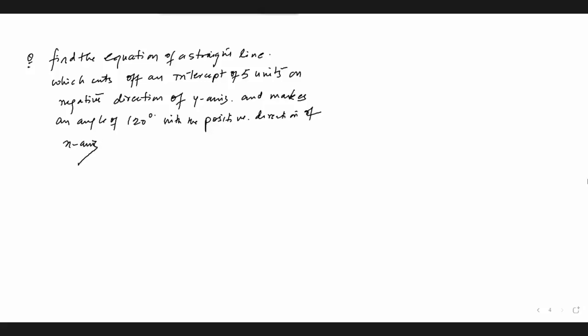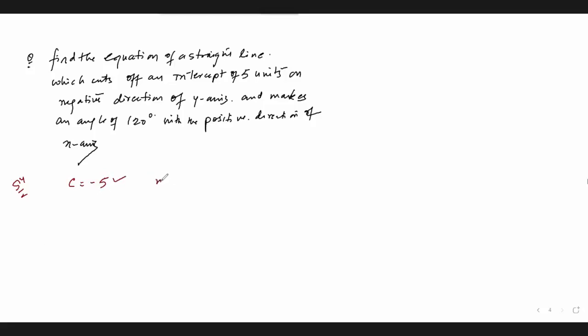So let's solve this question. What is said? Find the equation of a straight line which cuts off an intercept of 5 units on the negative direction of the y-axis. When we are talking about a negative direction, what is c here? It is minus 5.